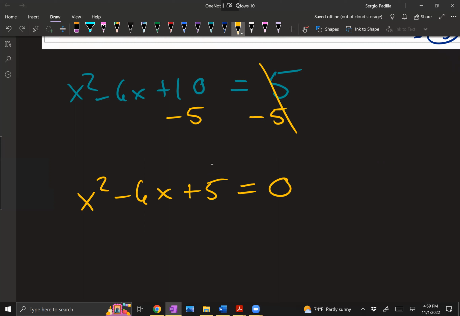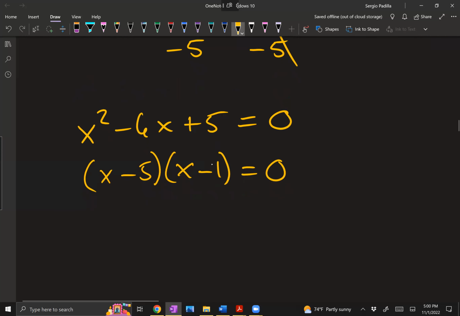For this, you could either use the quadratic formula again, but this is actually a special one. This one can actually be factored. We'll get into factoring more and more as we go forward, but this one factors to (x minus 5) times (x minus 1) equals 0.